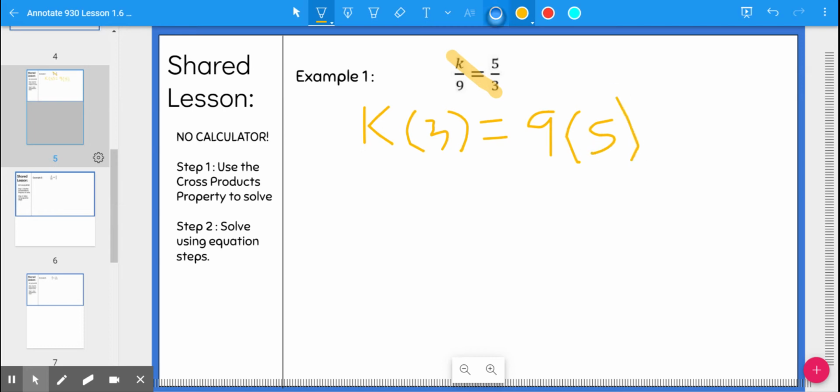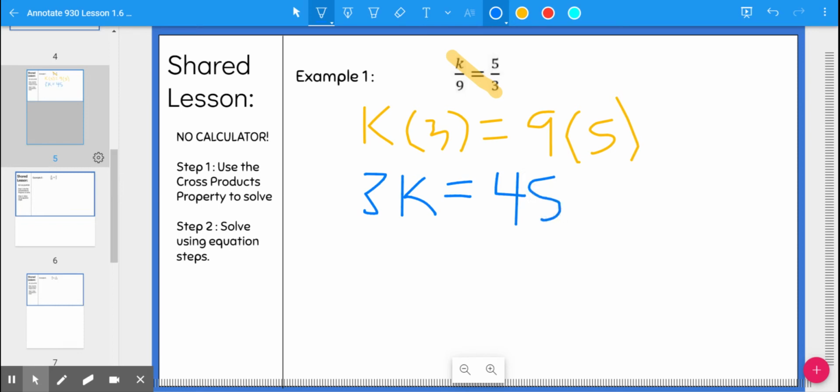All right, so k times 3, we are left with 3k is equal to 45.